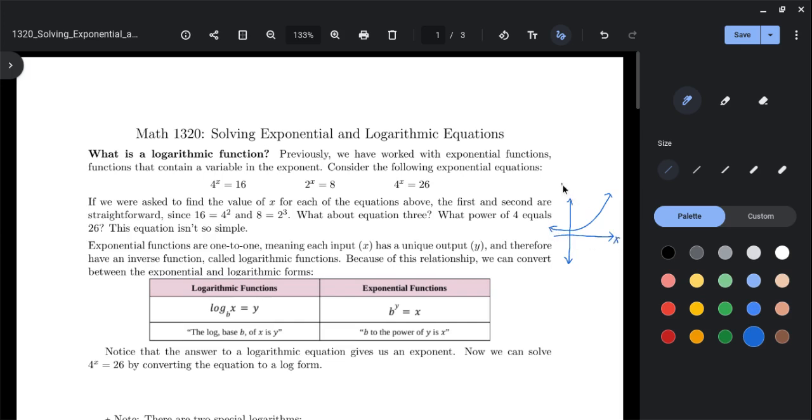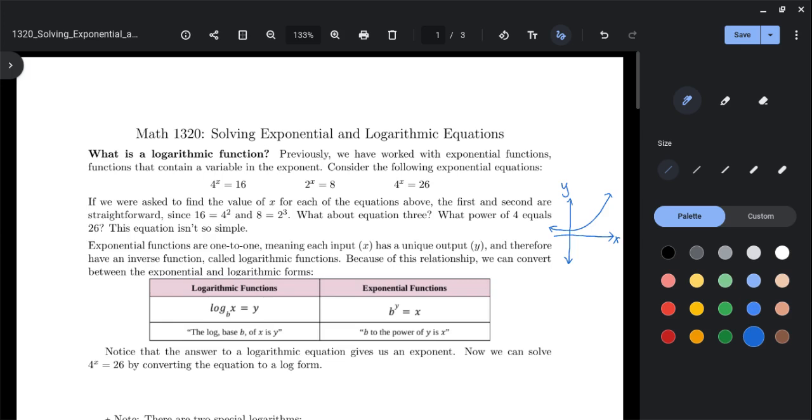I can see that any vertical line that I draw through my graph is only going to go through one point in my curve. And so therefore it's one-to-one. Every input x has one output y. And because of that, it has an inverse function. And the inverse of an exponential function is a logarithmic function.